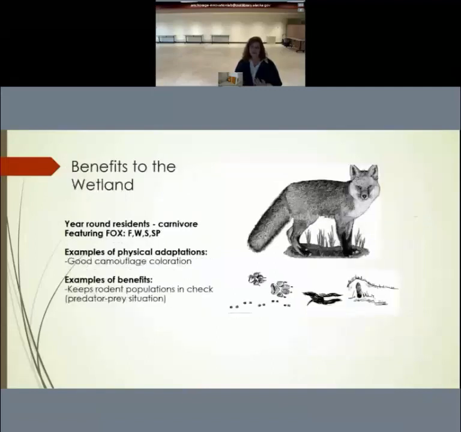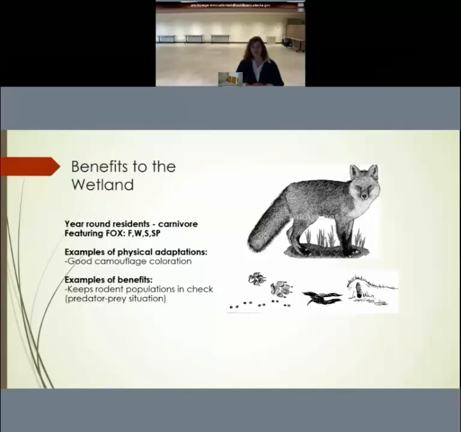Some of these species actually have some benefit to the wetland as well. For example, a year-round resident, which is our fox, who's a carnivore, gets their food, water, shelter, and space all from a wetland. They have great camouflage, but one of the ways that they benefit that ecosystem is that they really keep the rodent population in check.